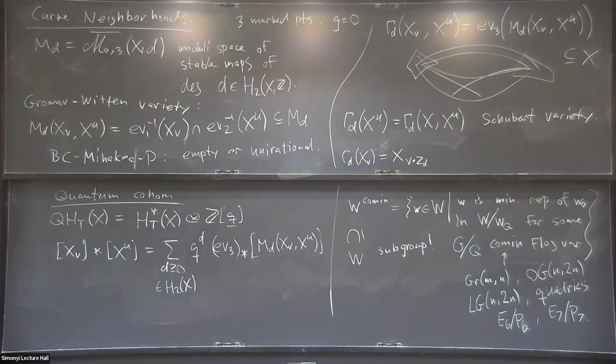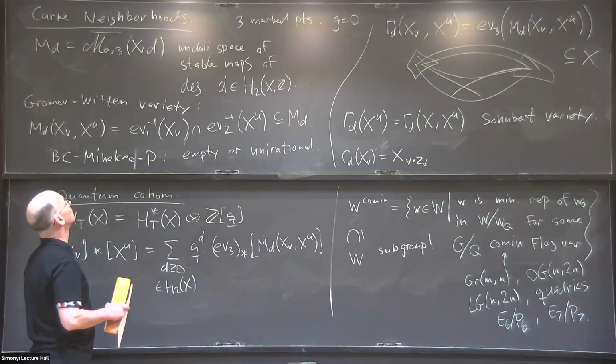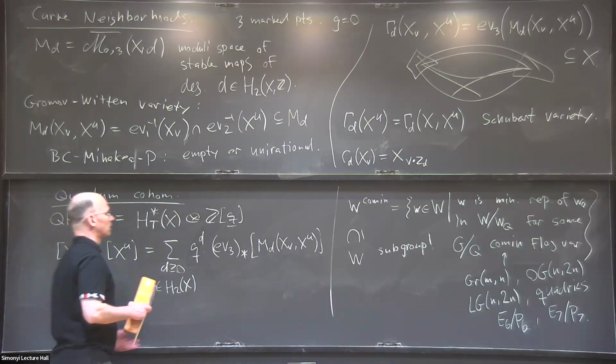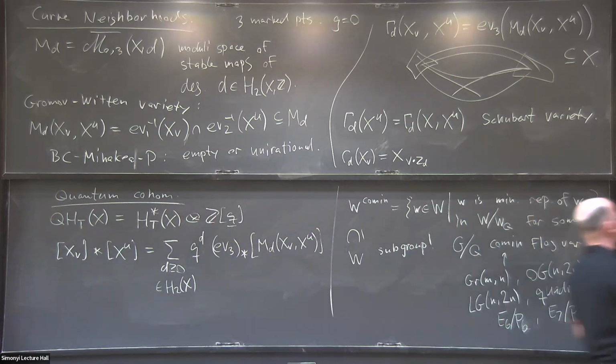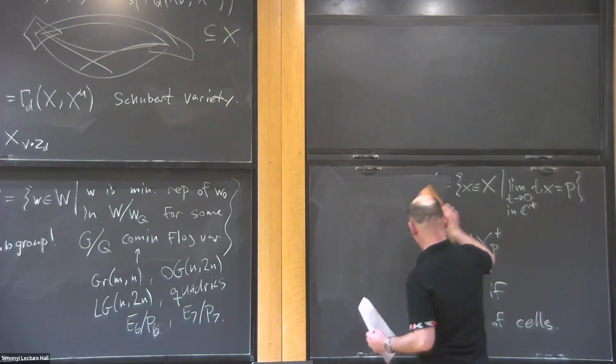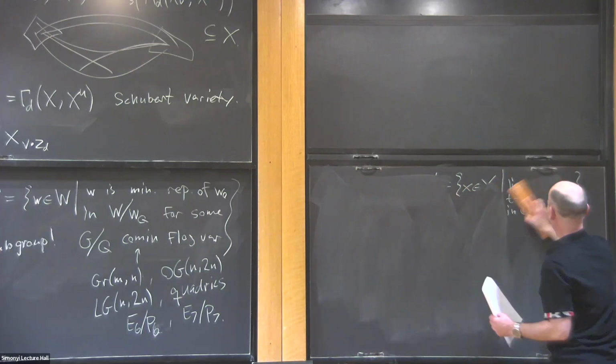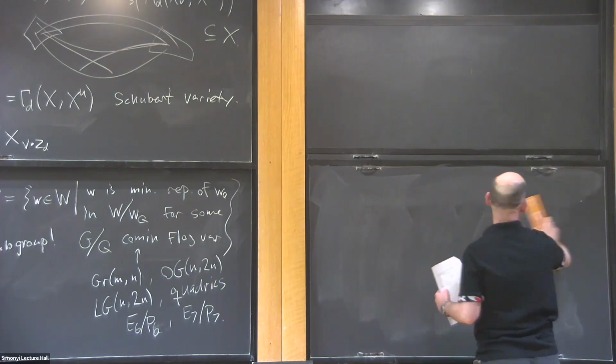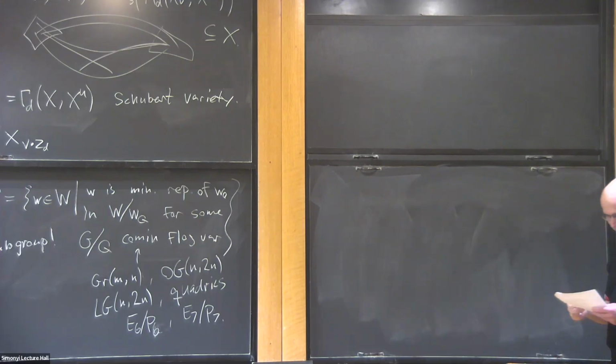If you push forward and you lose dimension, then it's 0. In quantum K-theory, that finiteness does not apply, but we'll get to that in a second.